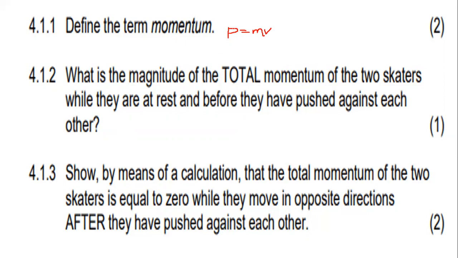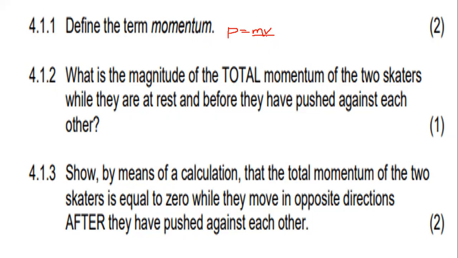Because momentum is equal to mass multiplied by velocity, it means that momentum is the product of the mass of an object and its velocity. Or someone can say it is the product of the object's mass and its velocity. And that is how we will define momentum.